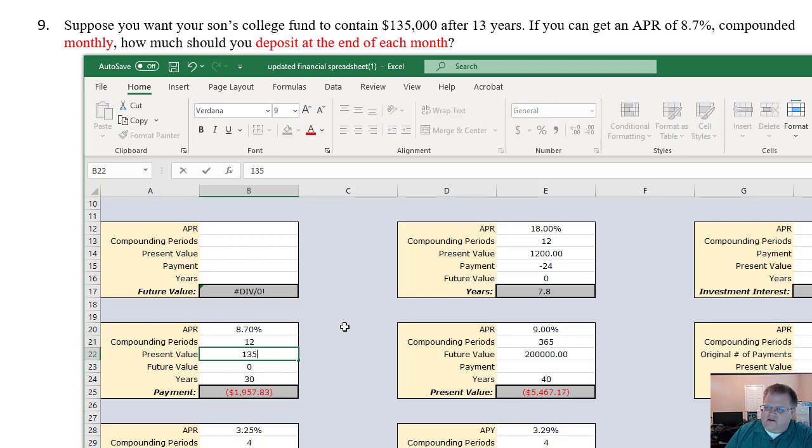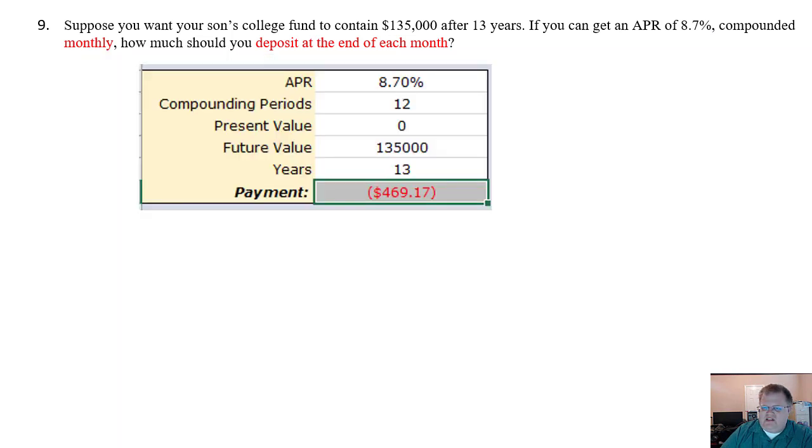I want to have 135,000. Let's try that again. Present value is 0. Future value is 135,000, and I want to have that after 30 years. So I need to set aside 469.17. If I set that aside, then I should be able to hit that goal.